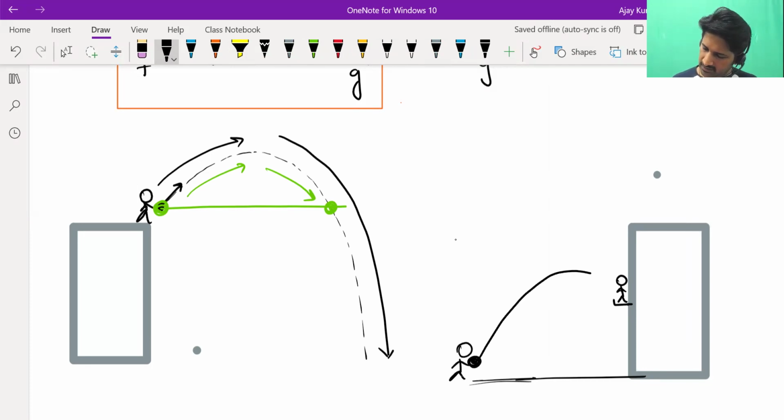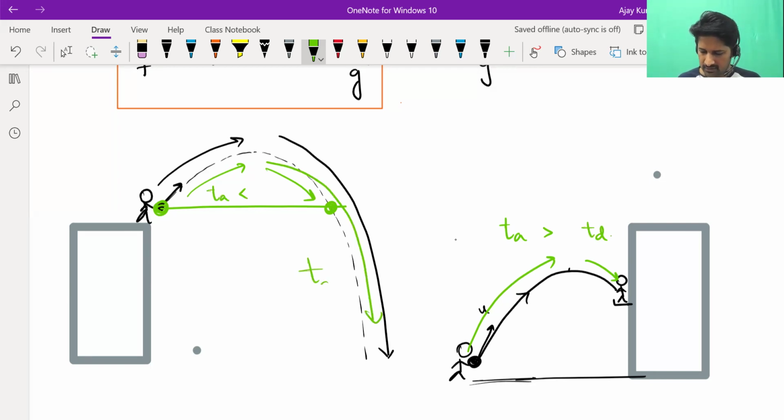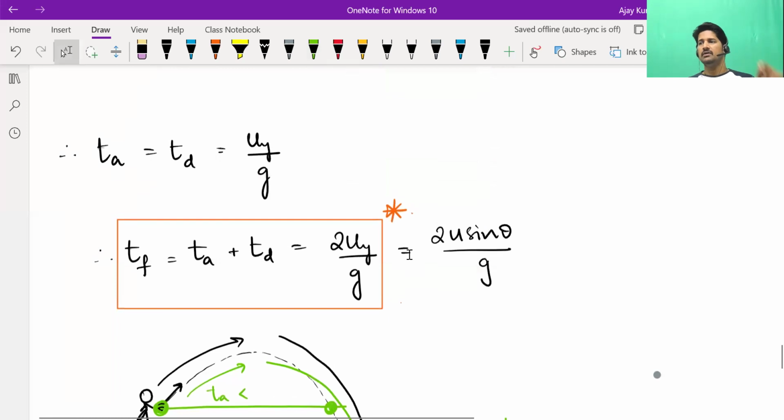It has to follow a curved path like this. Then in this case, there is more ascent, but only a little amount of descent. So here time of ascent will be greater than the time of descent, because you are not allowing it to descend to the same level from where it was projected. Okay. And in this case, time of ascent will be shorter than the complete time, the time of descent. Okay. So remember, time of ascent is equal to time of descent only when you allow the object to come back to the same level, only till it comes back to the same level.